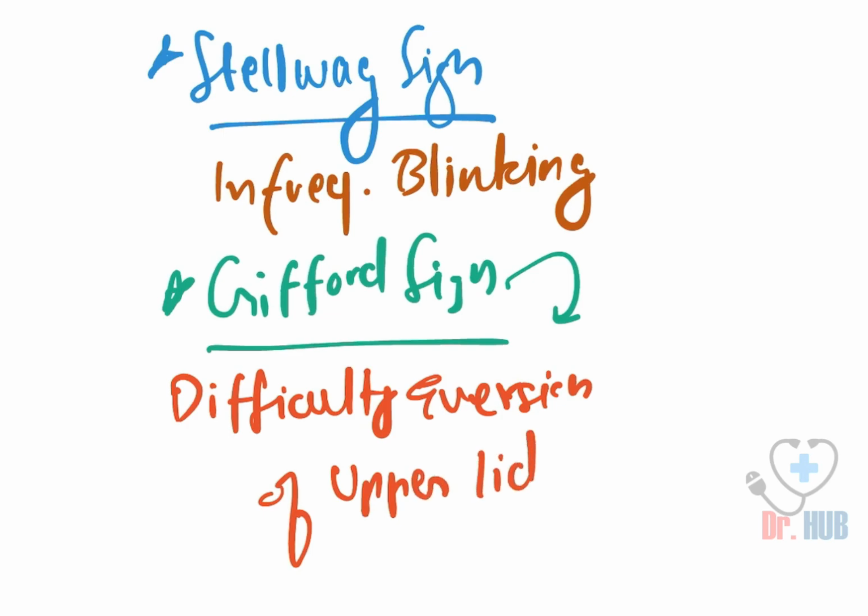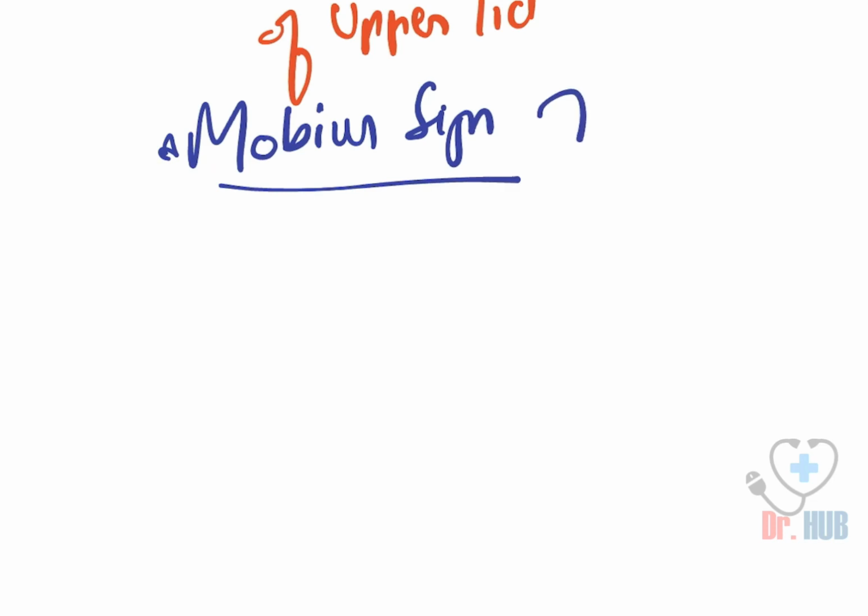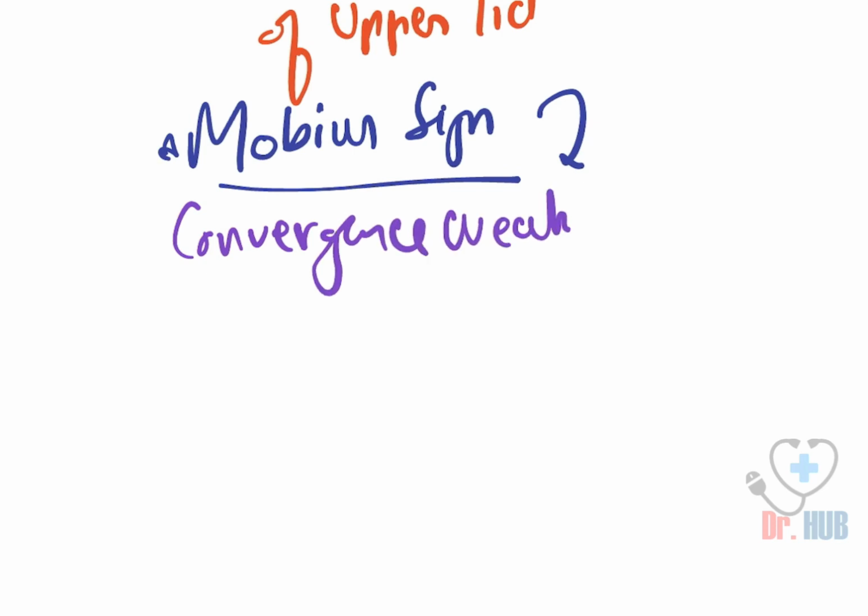Then we look at the Mobius sign. So what is the Mobius sign? It is nothing but a convergence weakness. And after this, there is also the Geoffroy sign.